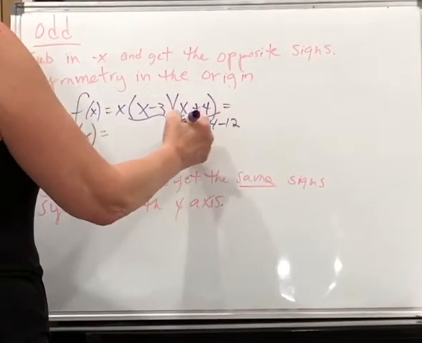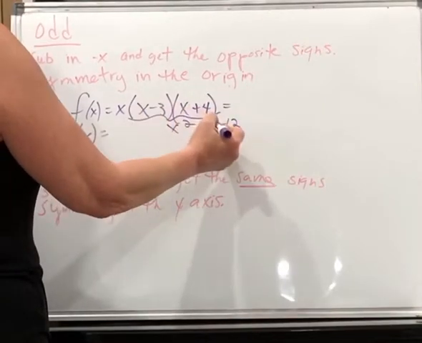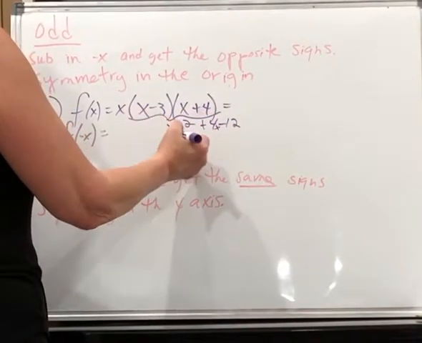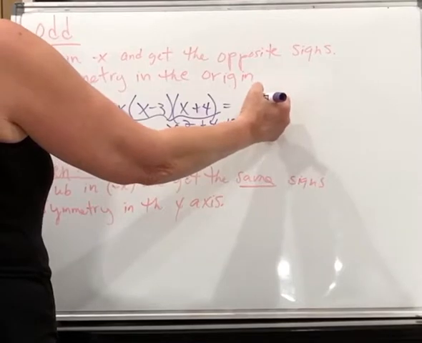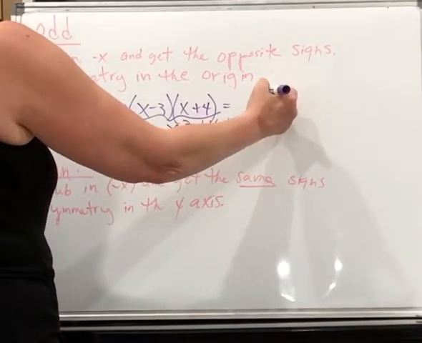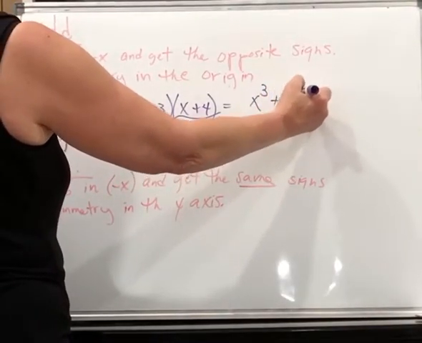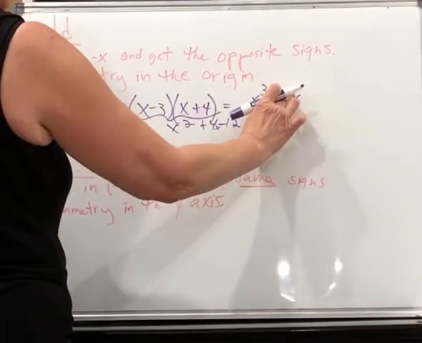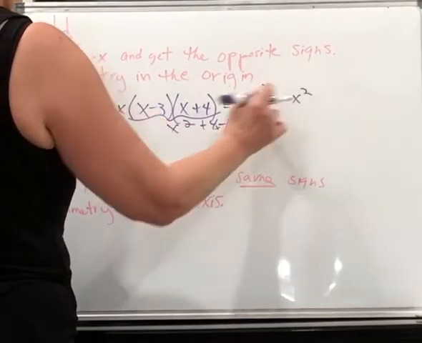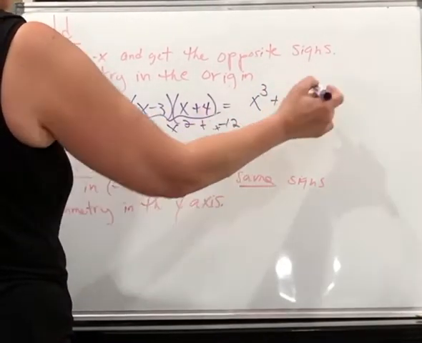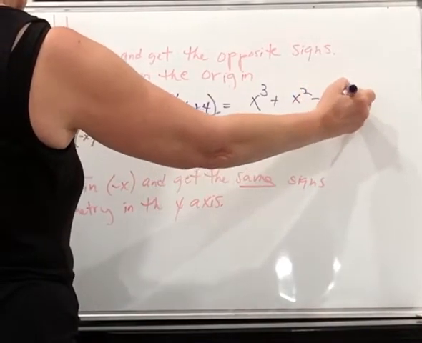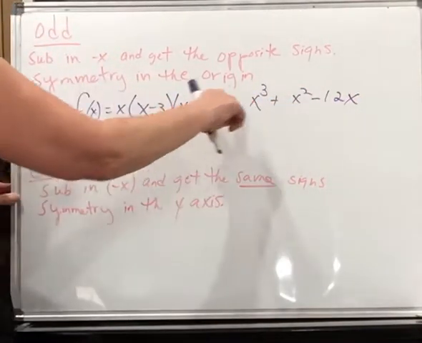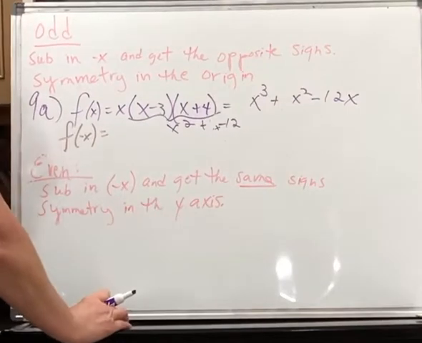If I multiply the x to x squared plus x minus 12, I then get x to the third plus 1x squared minus 12x. So a simplifies to this function.